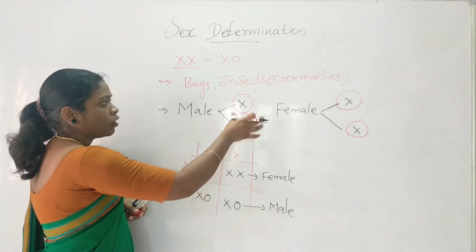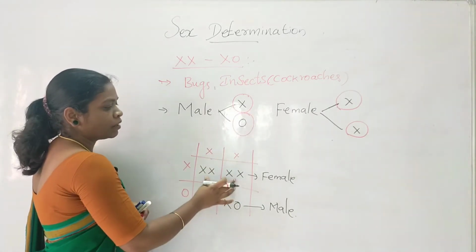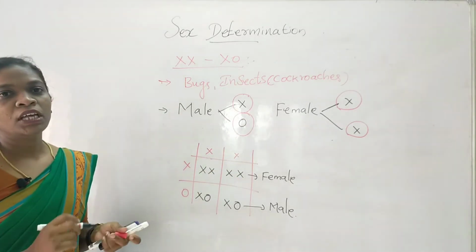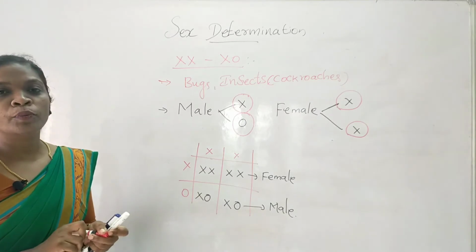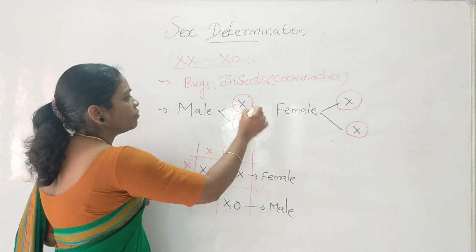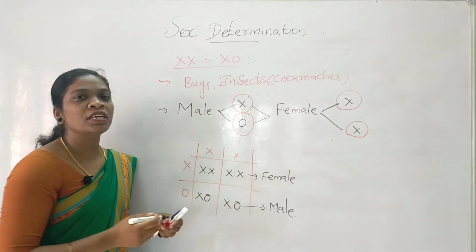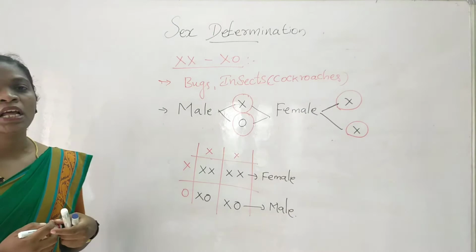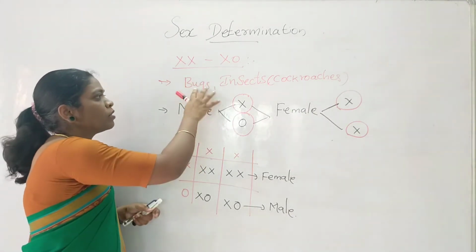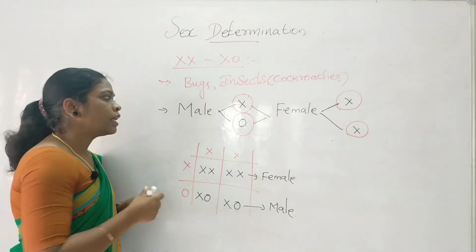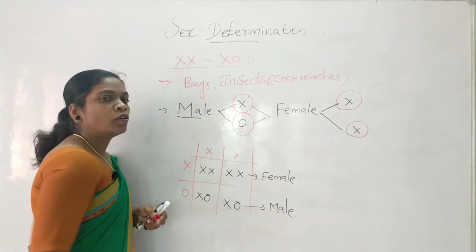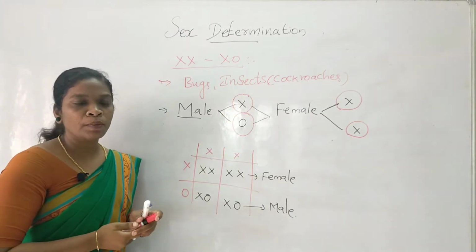So here only the male chromosome will determine what will be the sex of the offspring, because the female is going to produce the same type of chromosome. Here only the male is going to produce two different sets of chromosomes that determine the sex of the offspring, whether it is male or female, in case of XX, XO type that is found in this group of organisms. And here the male exhibits heterogamety where they produce two different sets of chromosomes, that is why it is known as heterogametic male.